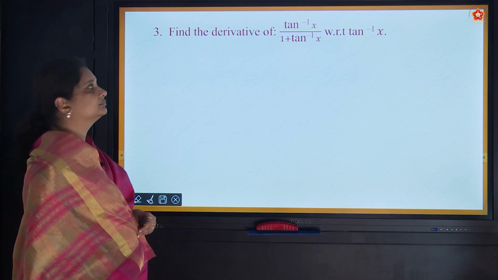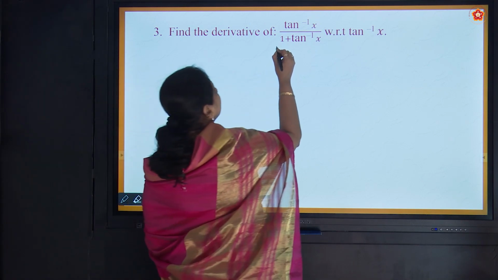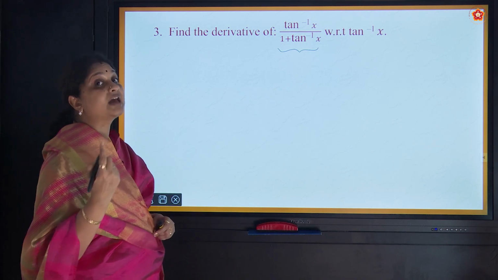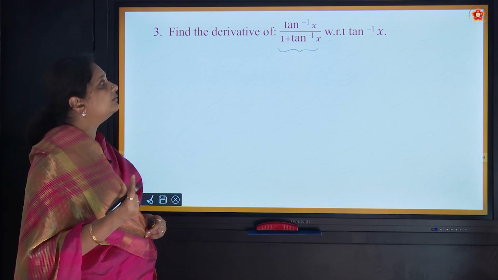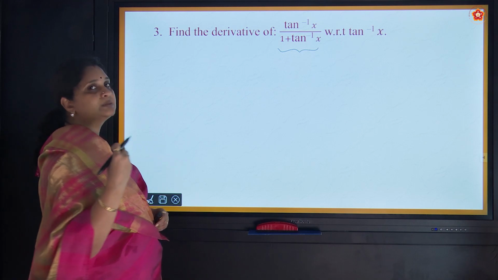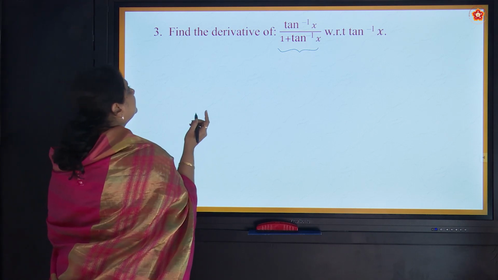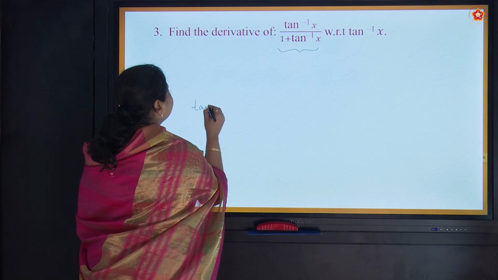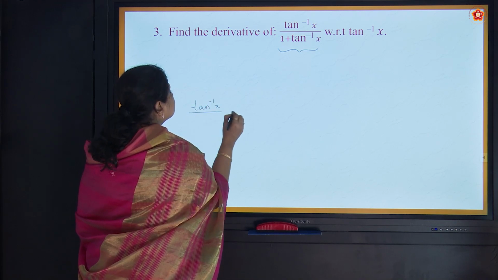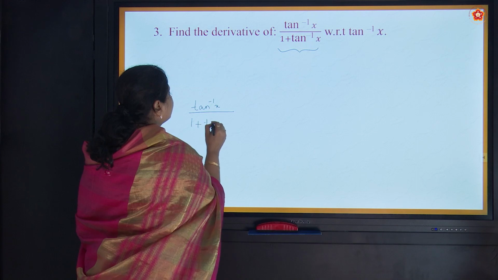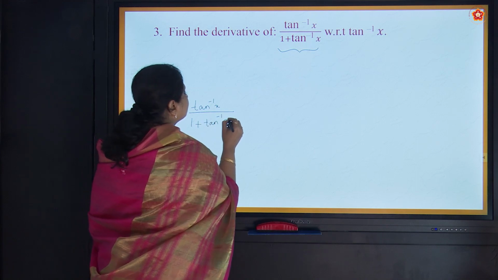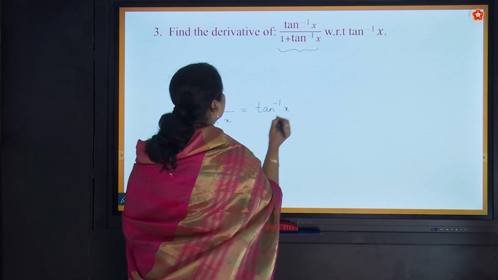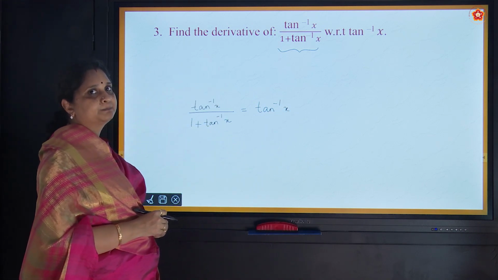Now, find the derivative of tan inverse of x divided by 1 plus tan inverse of x with respect to tan inverse of x. So always we used to differentiate y with respect to x, but here, this one with respect to the other one. So what do you do? You first take the equation like this and then differentiate with respect to x.